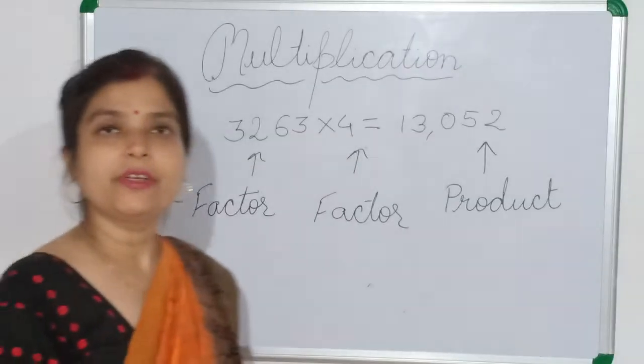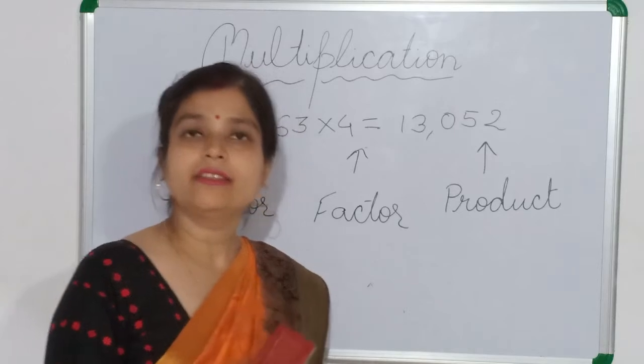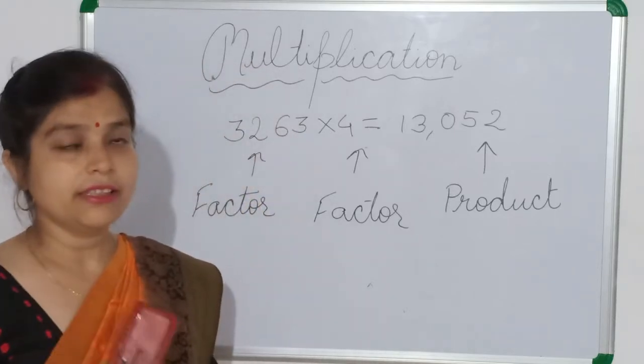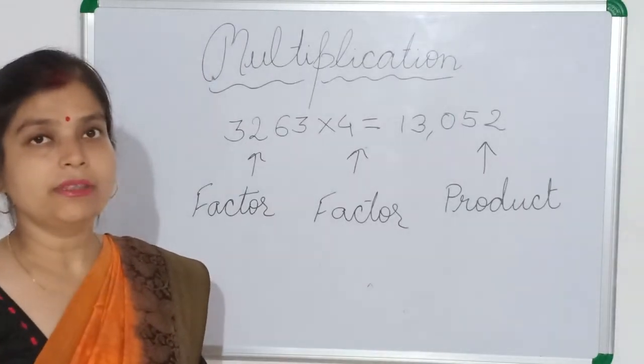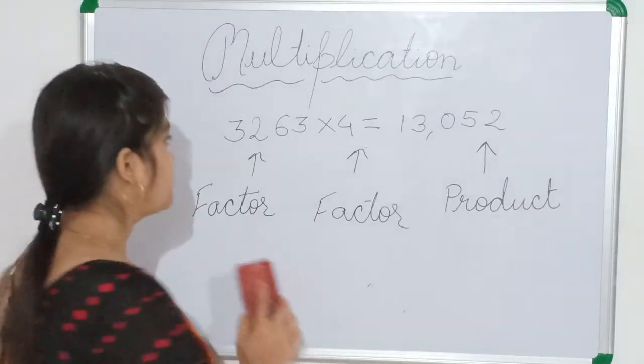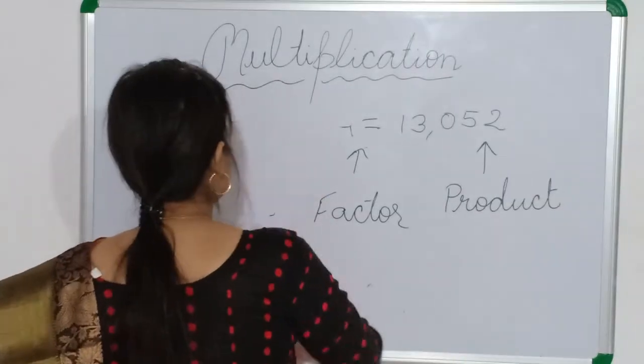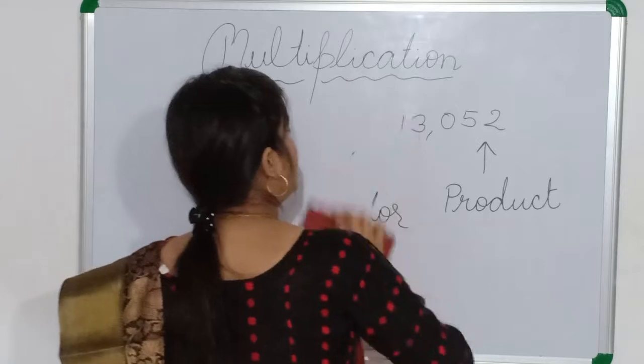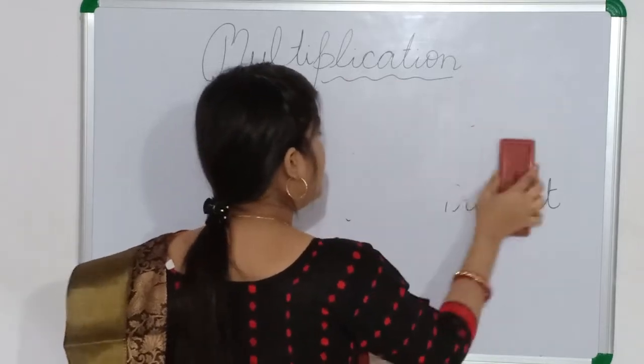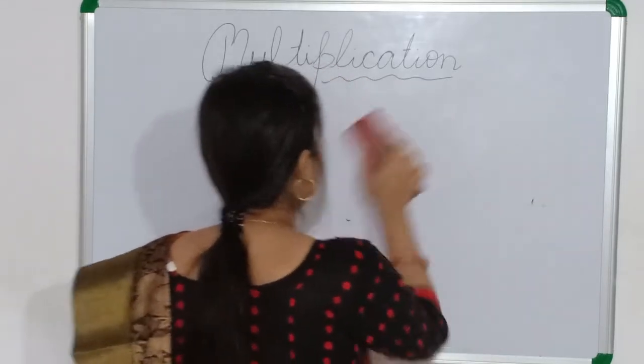Now one by one we will recall how we multiply with a 1-digit number, then a 2-digit number, then a 3-digit number. So now let's start multiplication by 1-digit number.